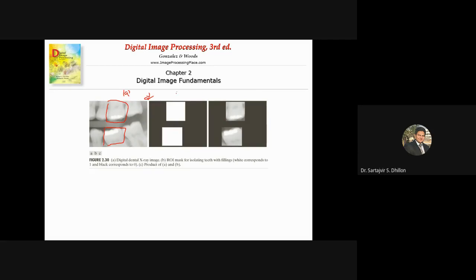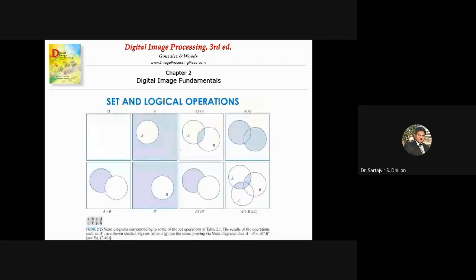So this is your output, represented by C. If it is a zero in figure B, then it represents black. This is called a region of interest, so that we can get the valuable information instead of other irrelevant information.